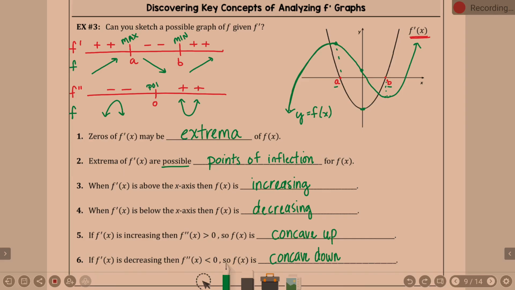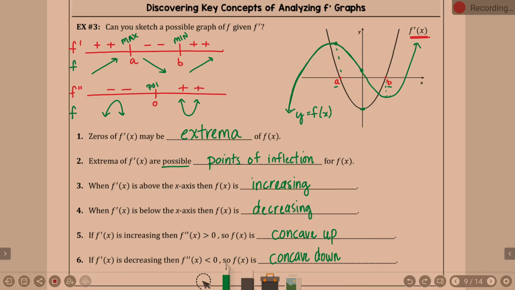Okay, so we are increasing and concave down to A. Now, at A, we're still concave down, so we're still curved down, but now we're decreasing. So I attempted, it's a little off, but there's a max above A. Now we're still concave down, but we're decreasing over to 0. 0 was our inflection point, our concavity changes.